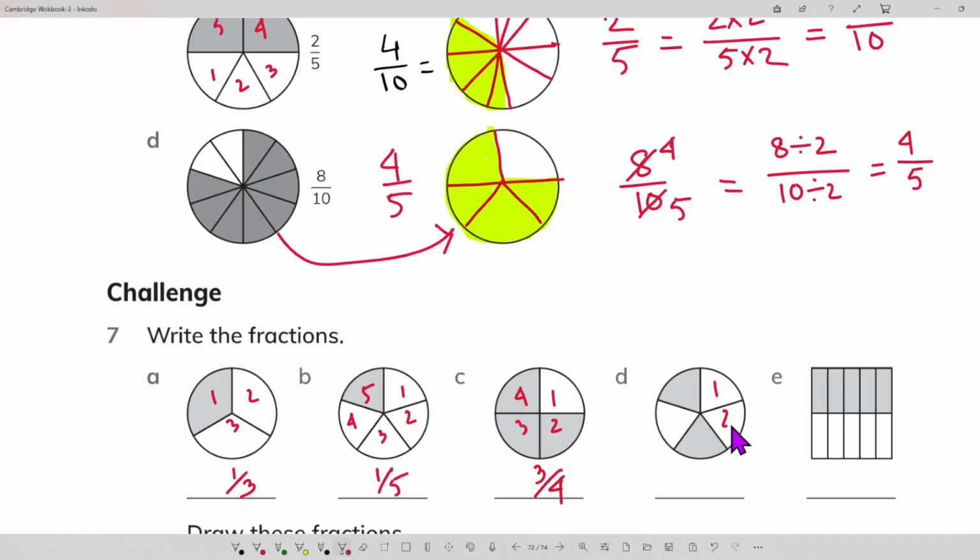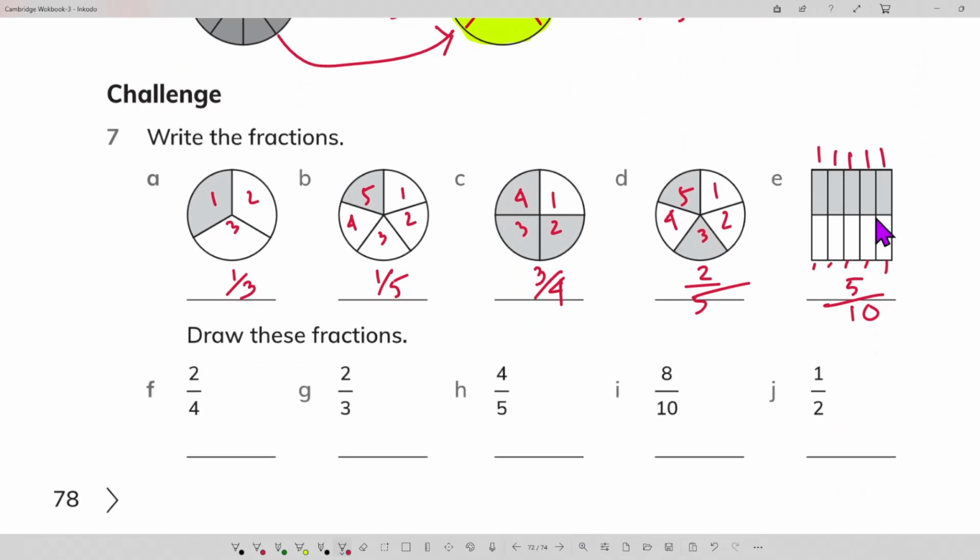Similarly, 1, 2, 3, 4, 5. This circle has 5 parts and 2 parts already colored, so 2 by 5, right? And finally 1, 2, 3, 4, 5, 6, 7, 8, 9, 10. 10 parts and 5 parts are colored, so it will be 5 by 10. Very simple. Write the fractions.